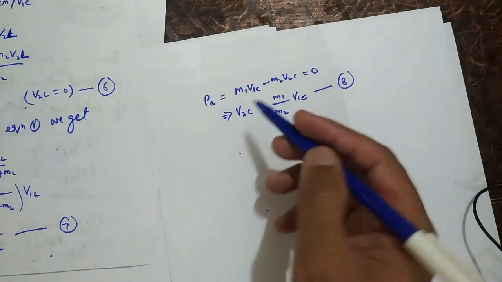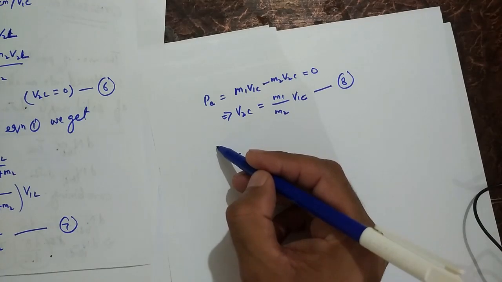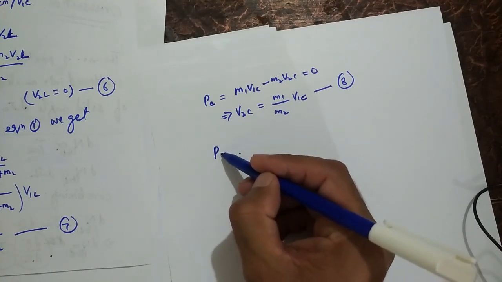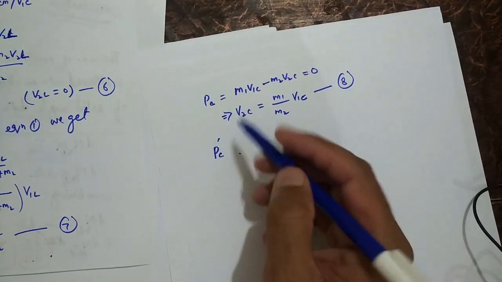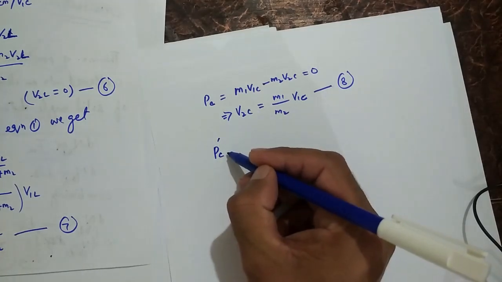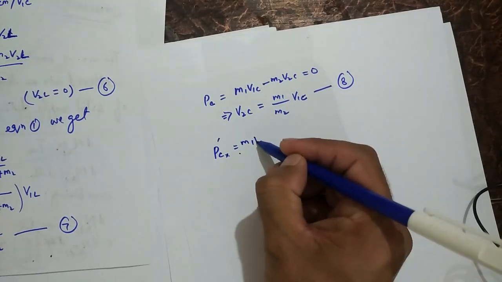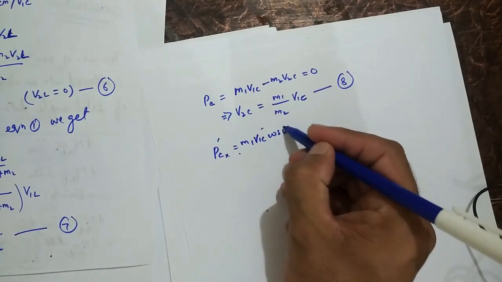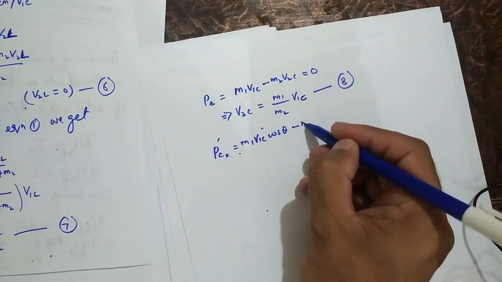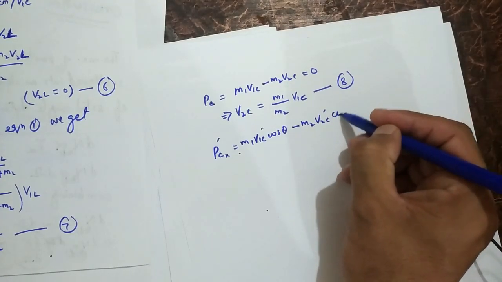And similarly, this one is before collision in the center of mass, and similarly for after collision, this one is p dash cx is equal to m1 v1 dash c cos theta minus m2 v2 dash c cos theta.